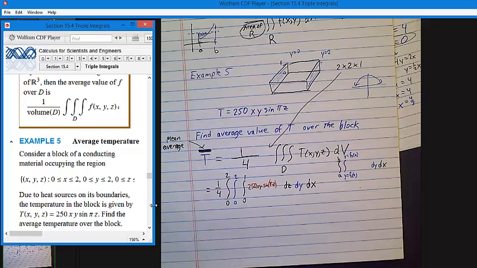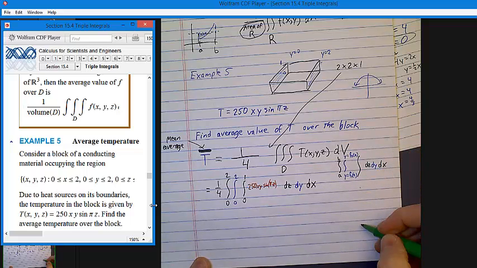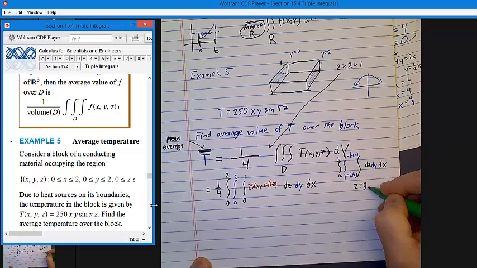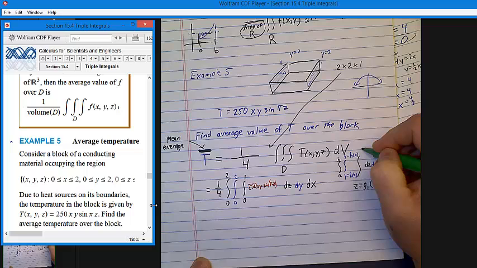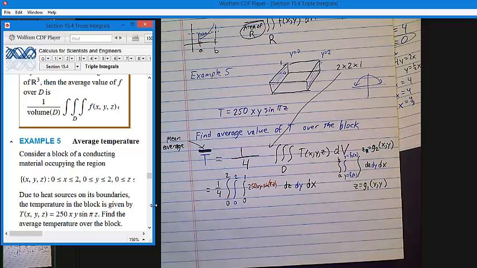In general, when I have a dz here, this inner integral is going to go from z equals some function g1 of x and y to z equals some other function g2 of x and y. It's really funny how convoluted these things can get very quickly.